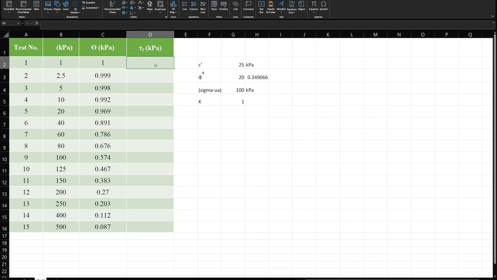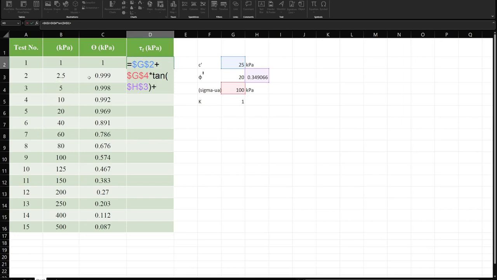How we can do this, as tau f is equal to C dash, let's put F4, plus sigma minus UA, that is given as 100, multiply tan phi dash in radian, so this one, then close this bracket, and then put plus again, this will be UA minus UW.